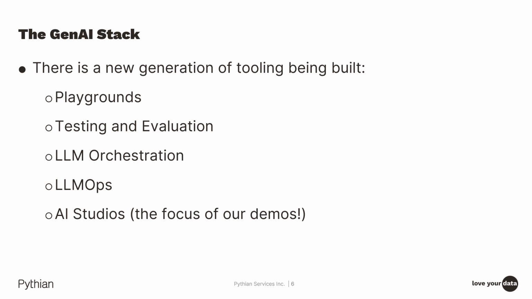There are new tools for LLM orchestration. This is to coordinate different operations that have to happen when interacting with a large language model. For example, if you need to retrieve data from a knowledge base and then you retrieve data from the internet and then you mix the data from both sources and then you feed it to the LLM, all this can be done with new LLM orchestration tools.